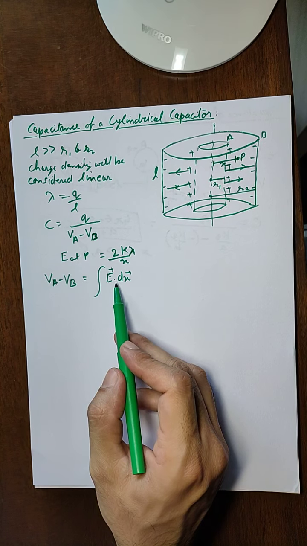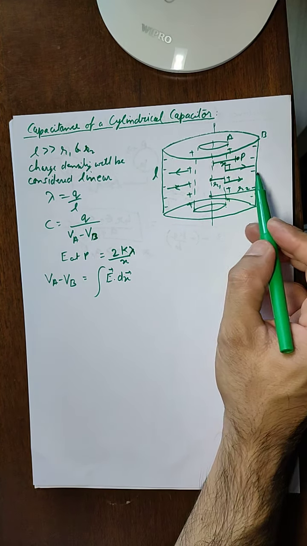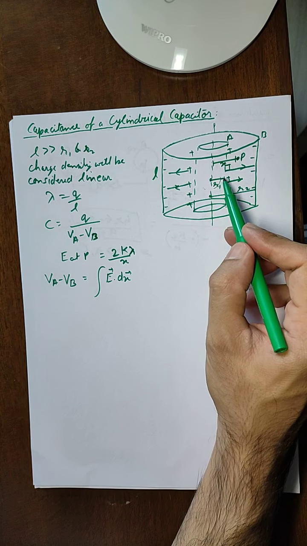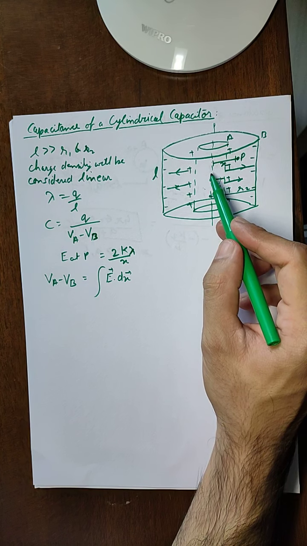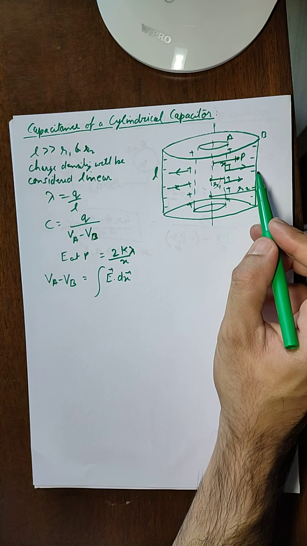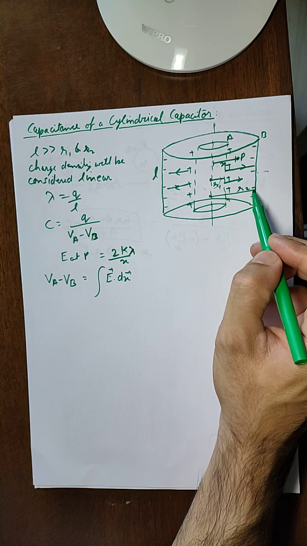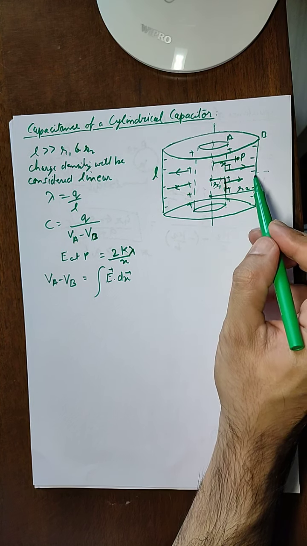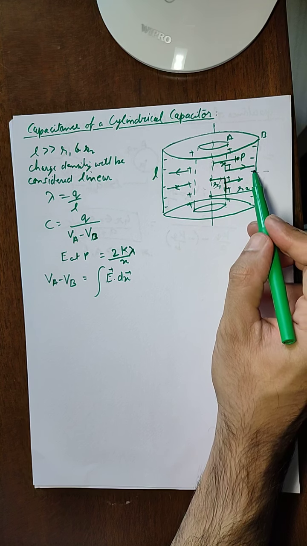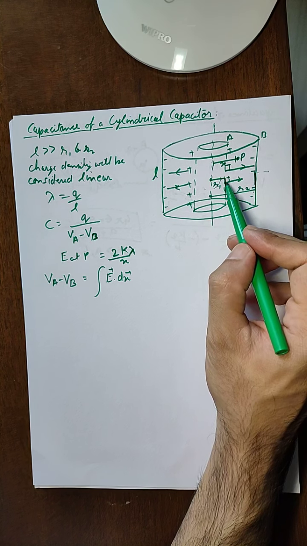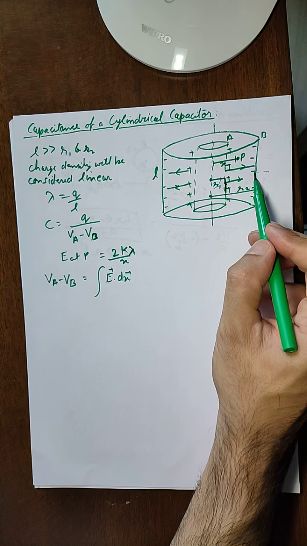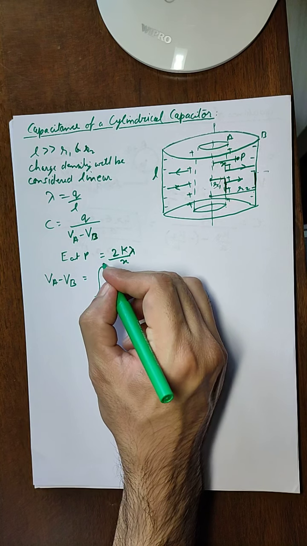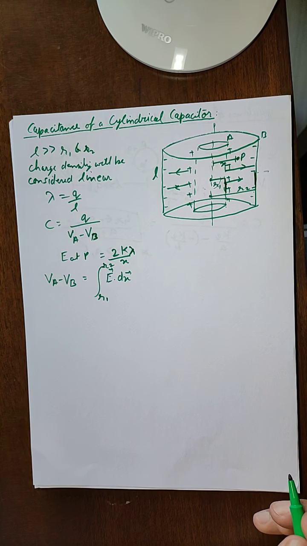The limits will be from R1 to R2 because there will be no electric field inside the inner shell A, since it is a conductor, and no electric field outside because of the negative charge. The electric field generates from this surface and ends at this surface, so the potential exists only from the surface of A to the inner surface of B. So our limits of integration will be from R1 to R2.